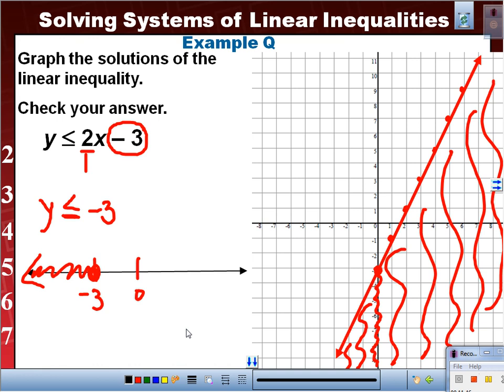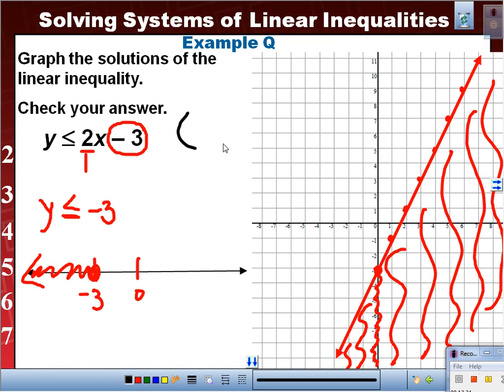So if I was to ask you to give me 2 points that were solutions, let's see, what would be one of the solutions? Nanelle, give me a point that is part of the solution. A point.